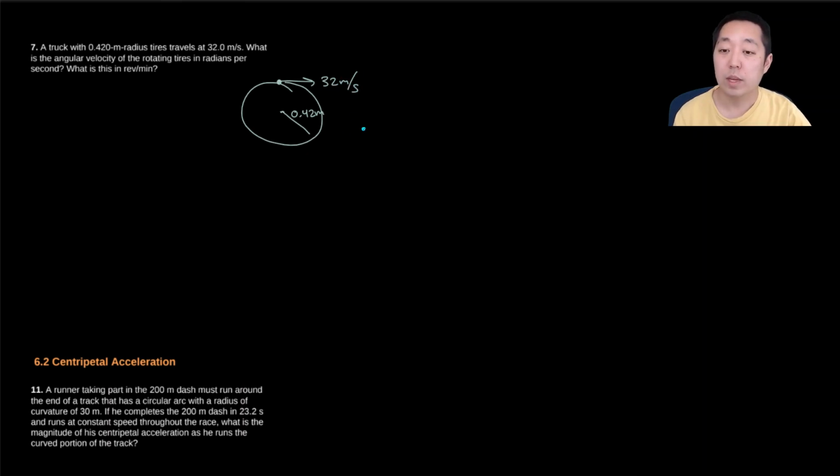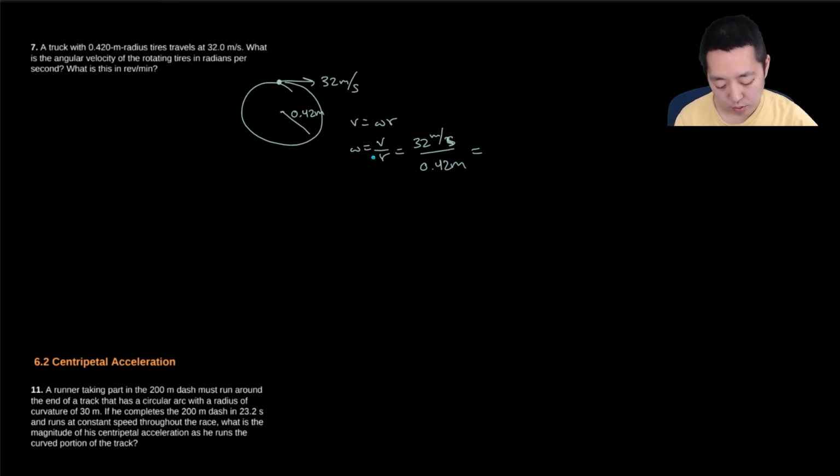Again, our equation that relates tangential to angular velocity is v is equal to omega r. So omega is equal to v over r. The linear velocity is 32 meters per second. The radius is 0.42 meters. And so I get 76.2 radians per second.